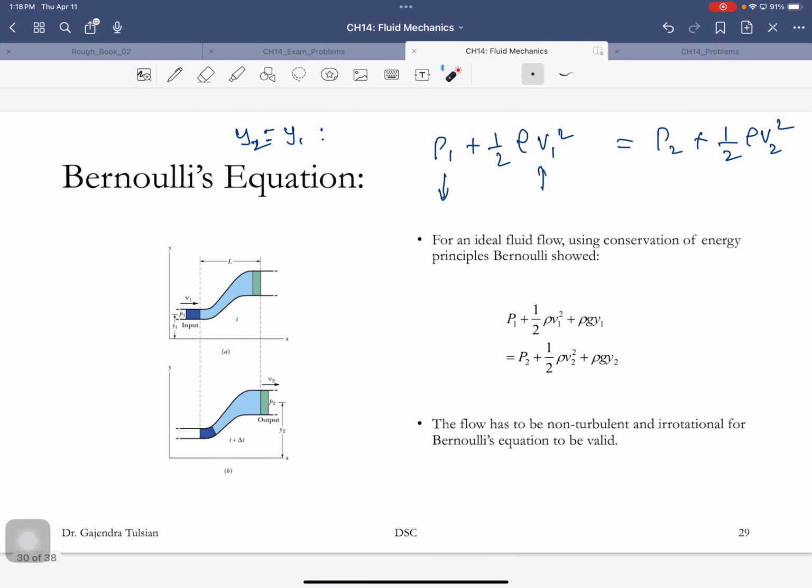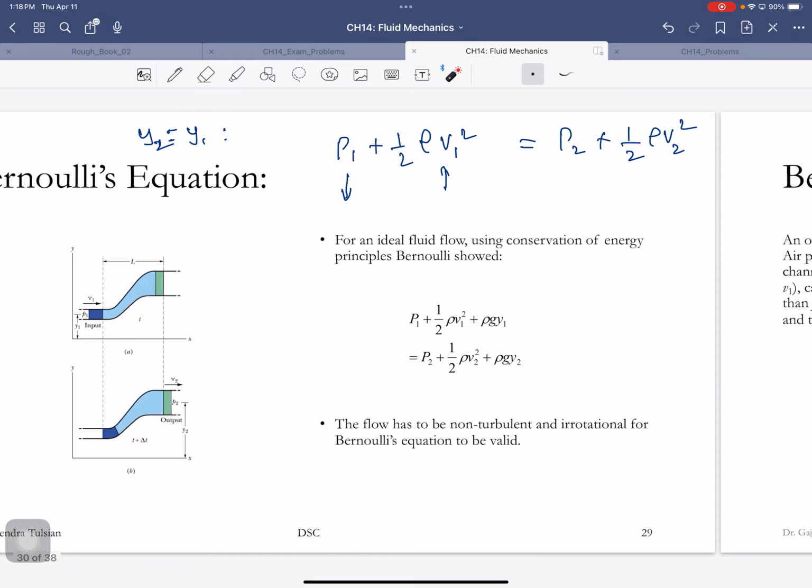And again, this applies to an ideal fluid, frictionless, incompressible, and all that stuff. But we abuse it, and we'll apply it to real fluids. When we apply it to real fluids, it's an approximation, but we're happy with it.